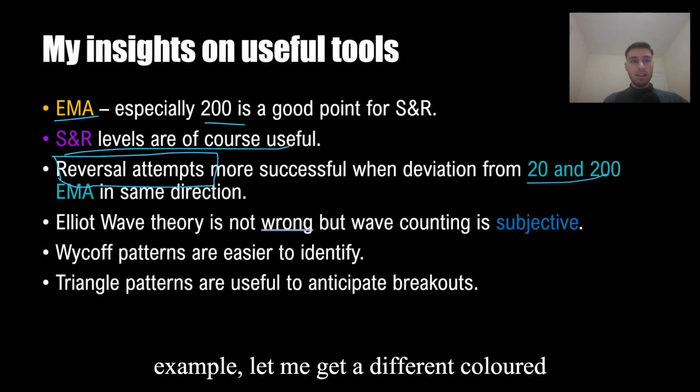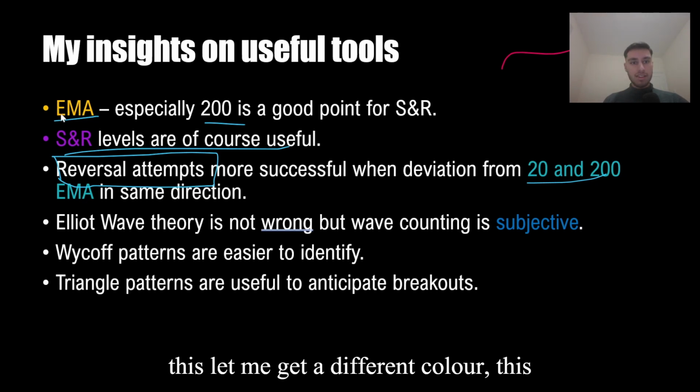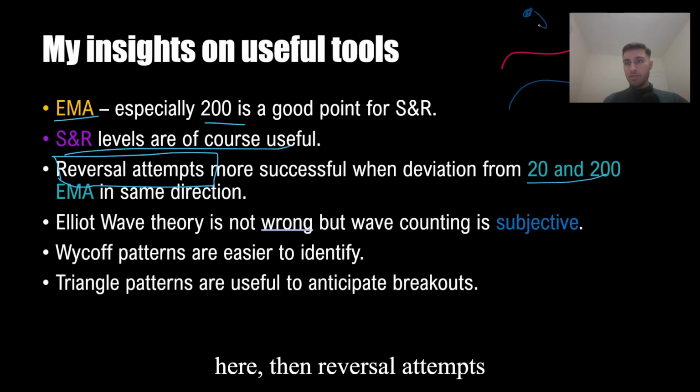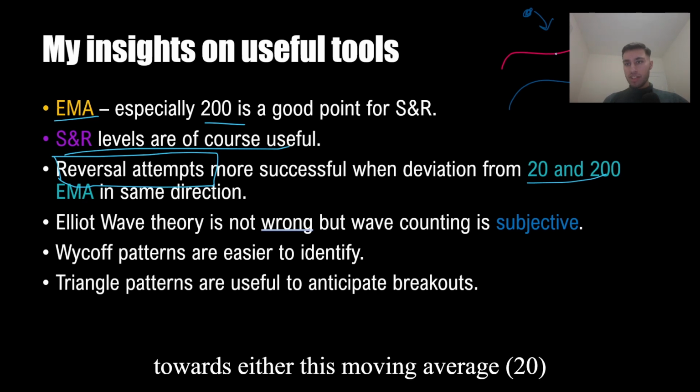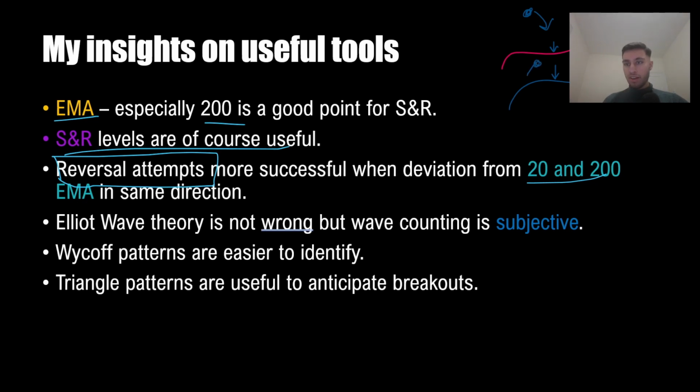So, for example, let me get a different colored pen. If this is my 20 EMA, and this, let me get a different color, this is my 200 EMA, and the price is somewhere here. Then reversal attempts towards either this moving average or this moving average are more likely to be successful than if the price was here.